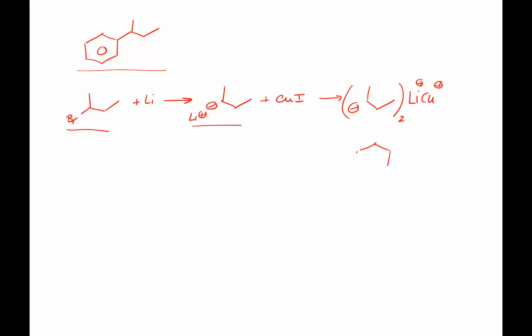I'm going to couple that, because if you remember from the lithium cuprates, what we do is we react the lithium cuprate with an alkyl bromide, or in this case an aryl bromide, and that's going to couple the two alkyl groups together. So now that I make my alkyl halide and aryl halide with the benzene ring, I'm going to couple those two together, and so I'm going to end up then coupling that basically sec-butyl group with the benzene so that I can make it in a pretty efficient method.